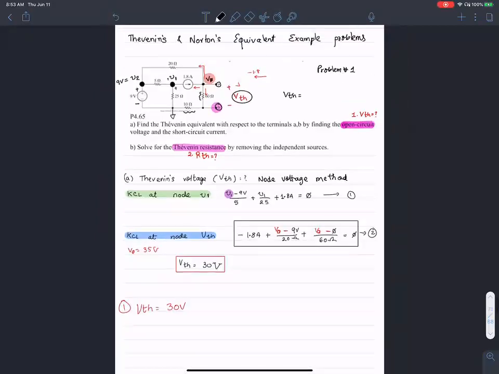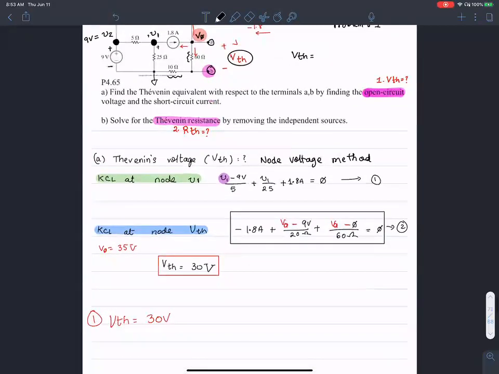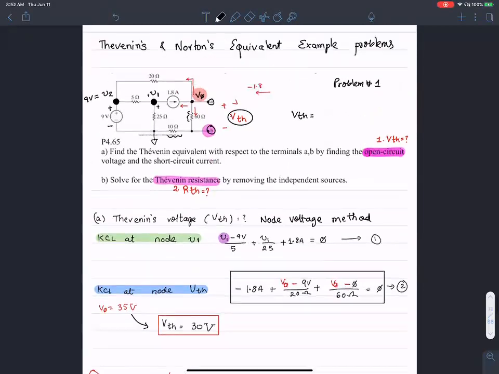That's how I got VTH equals the voltage division, 60 over 60 plus 10, times V0.